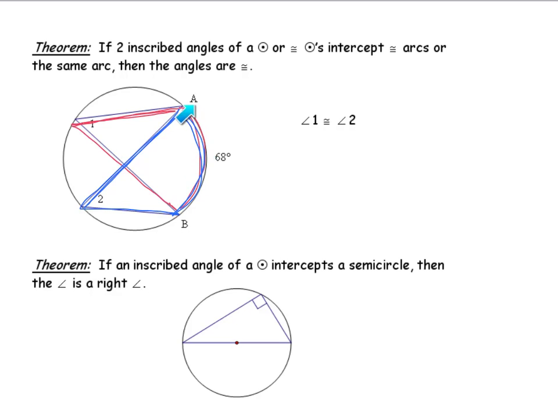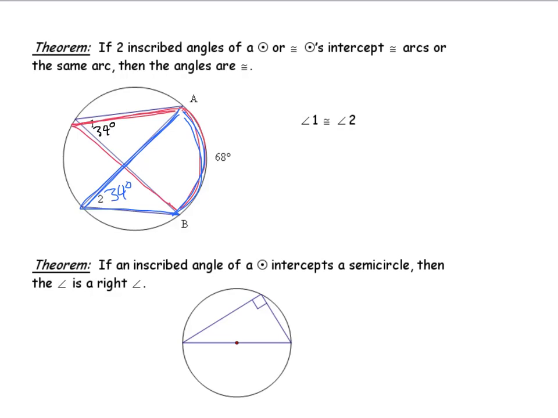If I have an arc and it's 68 degrees, that means angle 1 would have to be 34 degrees. That same exact thing has to occur for angle 2, because if the arc that's formed by my angle 2 is 68 degrees, that means my angle has to be 34 degrees. So anytime two inscribed angles of a circle or congruent circles intercept congruent arcs or the same arc, then we know those angles have to be congruent.